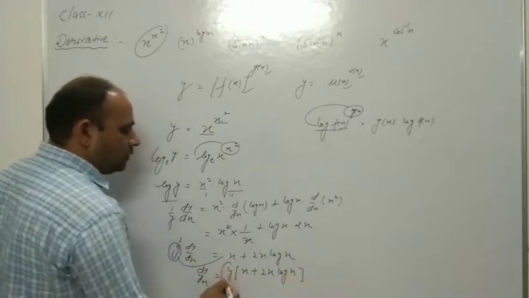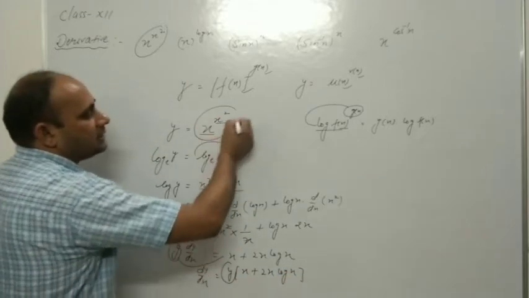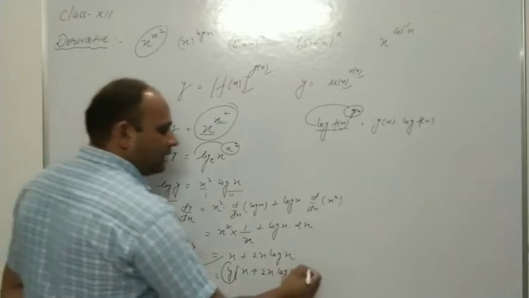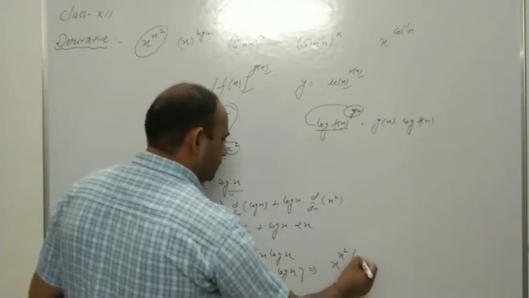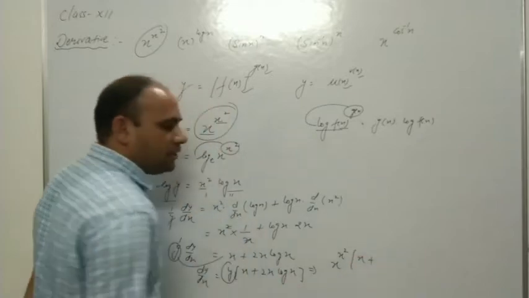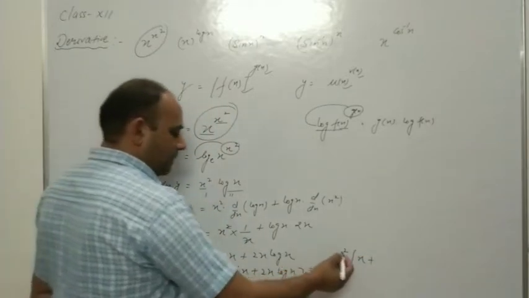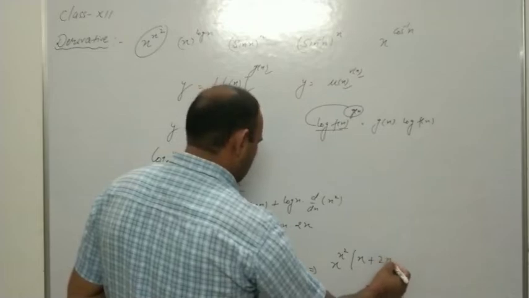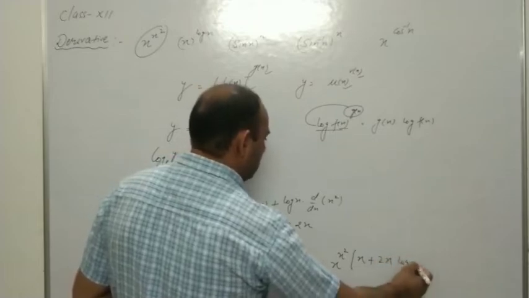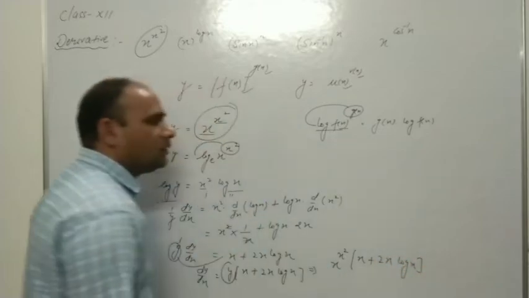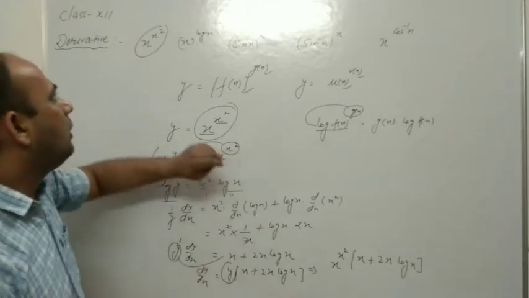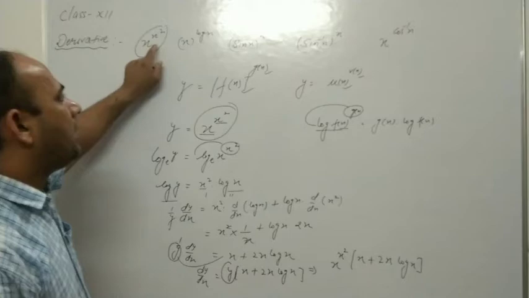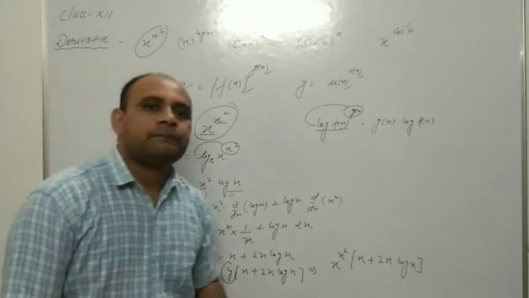And what is the value of y? x raised to the power x square. So our answer is x raised to the power x square times (x plus 2x log x). So this is the derivative of x raised to the power x square.